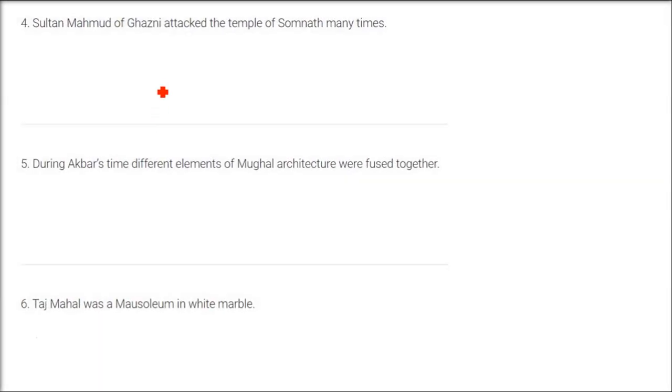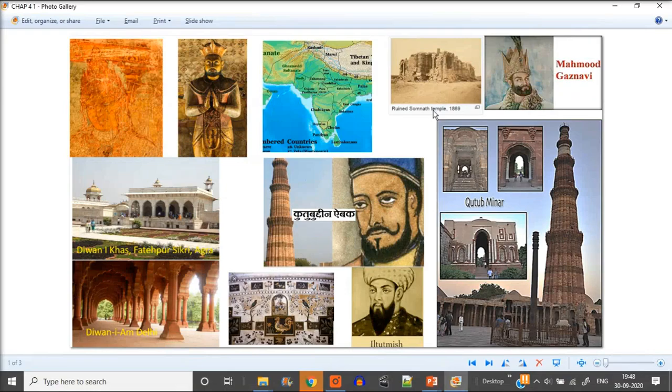iron pillar also. Sultan Muhammad of Ghazni attacked the temple of Somnath many times. This is true. I'll show you here. Now Mahmud Ghaznavi or Sultan Mahmud, they are the same person. He came to India because he knew that all the wealth, gold, and various precious material was there only in the temples.